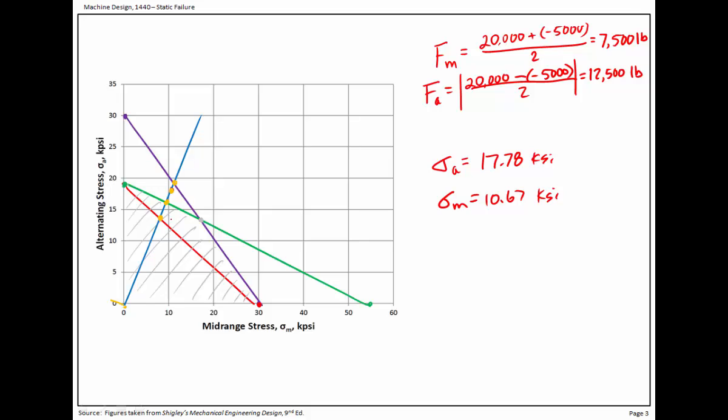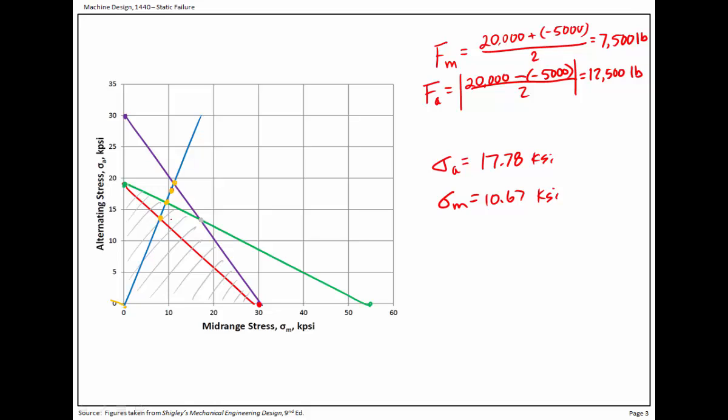In this case, the length to the Goodman line is longer than the length to the stress point, and therefore the safety factor is greater than 1. Conversely, the length to the stress point is larger than the length to the Soderberg line, so the safety factor is less than 1. Okay, so that makes sense.